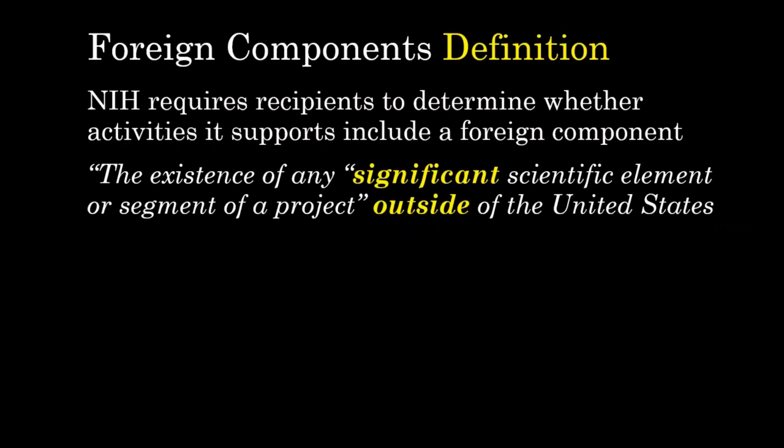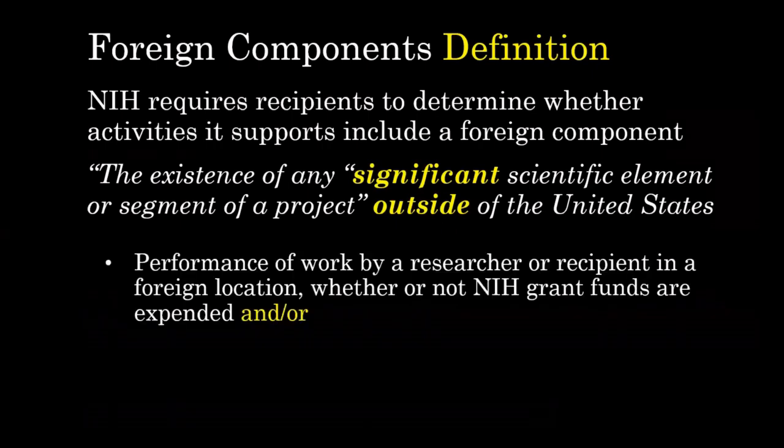Foreign component definition. NIH requires recipients to determine whether activities it supports include a foreign component: the existence of any significant scientific element or segment of a project outside of the United States. Performance of work by a researcher or recipient in a foreign location, whether or not NIH grant funds are expended.